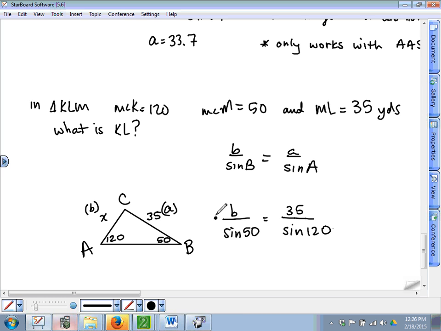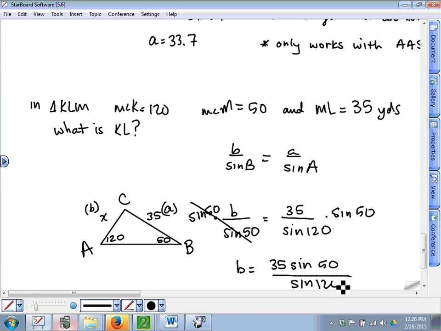Multiply by sine of 50 on both sides. So B equals 35 times the sine of 50 over the sine of 120.